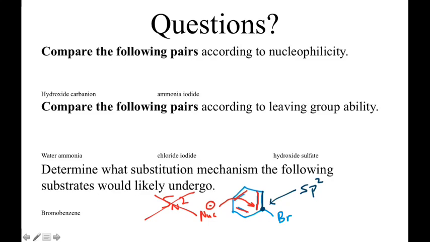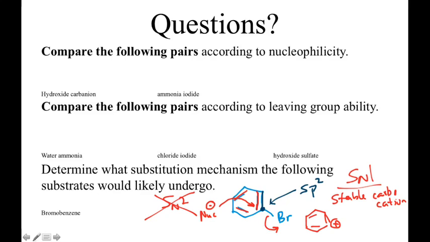The next option is looking at an SN1. Okay, and we said we needed a stable carbocation. This one's a lot harder to evaluate. We could go ahead and look at what happens when that bromide leaves, and put the positive charge there.